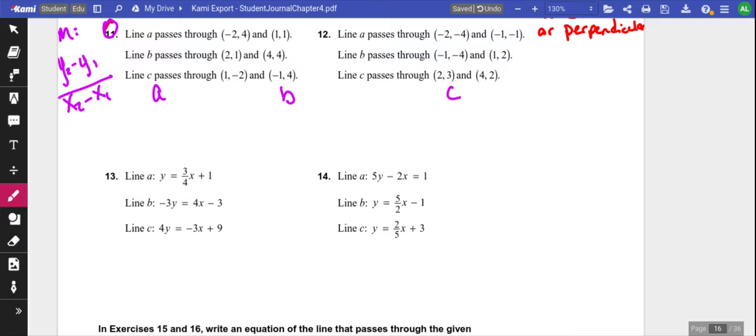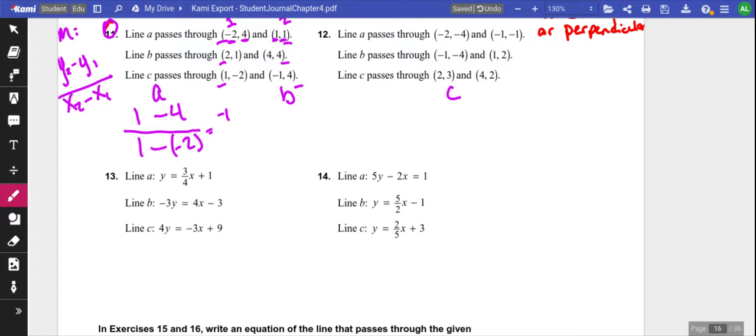Okay, I'm just going to decide this entire column right here is 0.1, and this is 0.2. So this, and this is 0.1. This, and this is 0.2. Okay, so let's plug this in for the first one. I've got y2 minus y1, so y2 is 1, minus y1 is 4, over x2 is 1, minus x1 is negative 2.